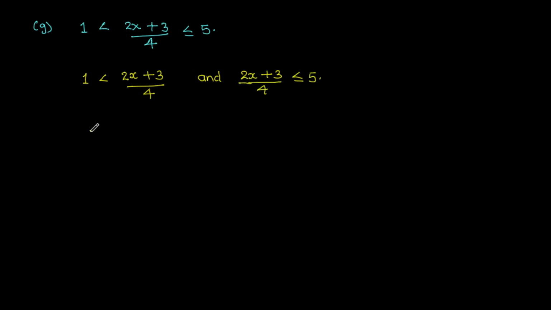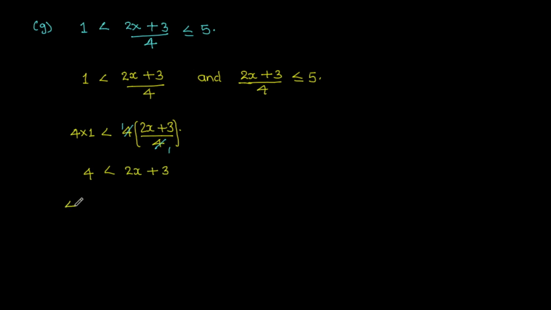So multiply through by 4, we have 4 times 1 is less than 4 times (2x plus 3) over 4. Now we can cancel this 4 out. It goes to 1, and plugging in the remaining one, this simplifies to 4, and from the right hand side we have 2x plus 3.